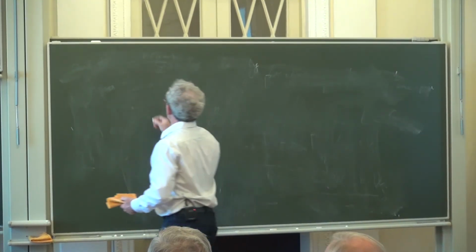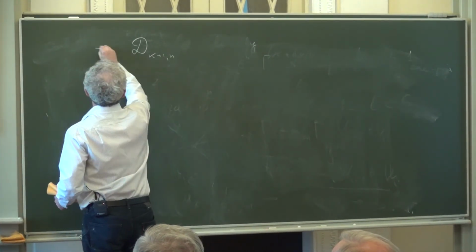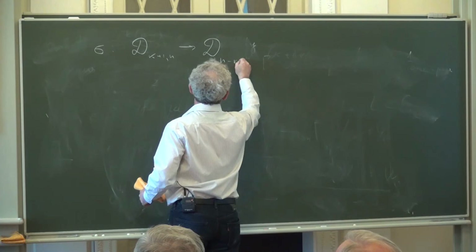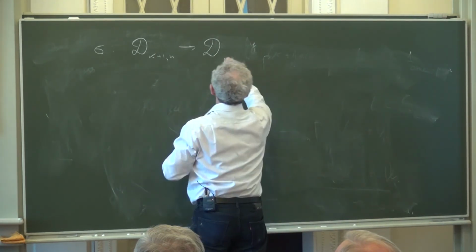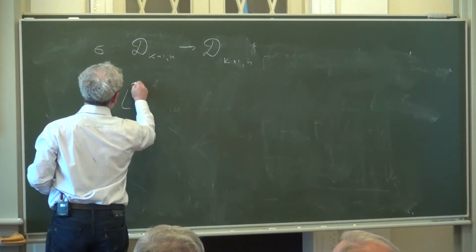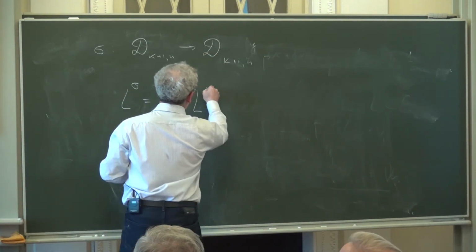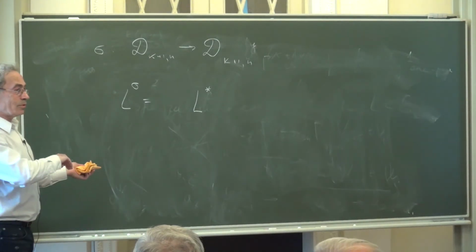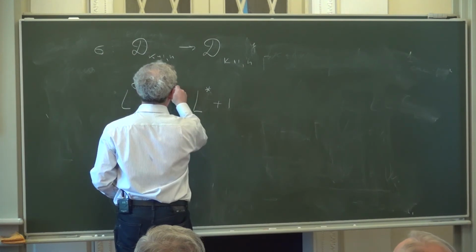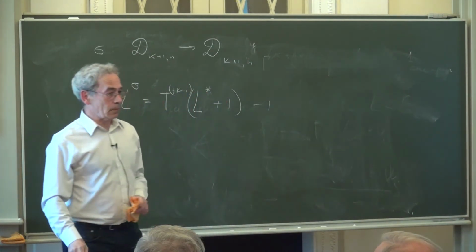More precisely, on the space of operators of order k plus 1, there is an involution going to the space of operators of order n minus k, to the same space, for all k. And it's the following. L sigma by definition: first we take the formal conjugate, so we transpose, plus 1, shift by t, k plus t minus k minus 1, and subtract 1. So this is the involution.